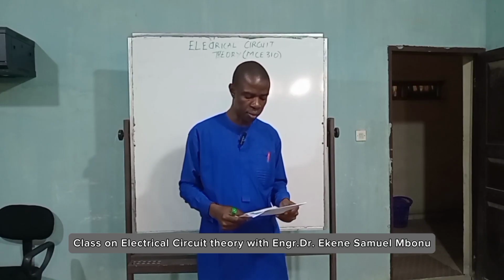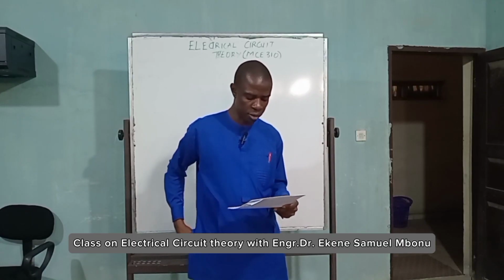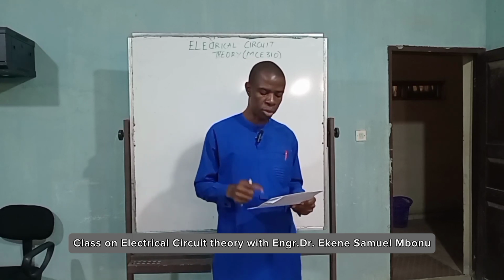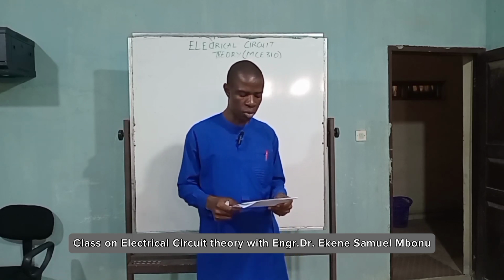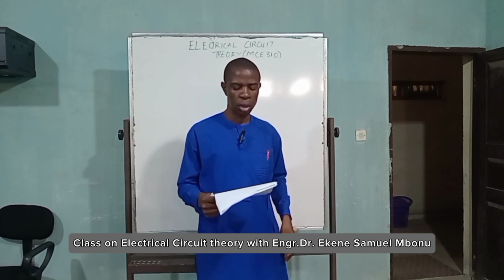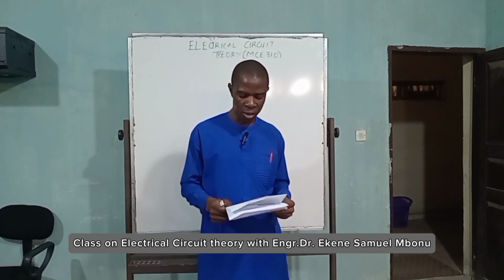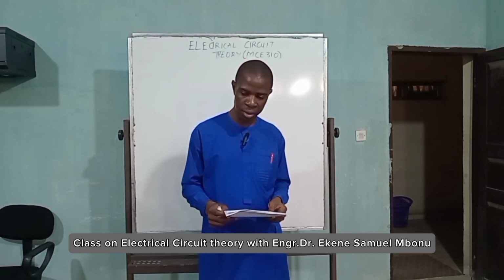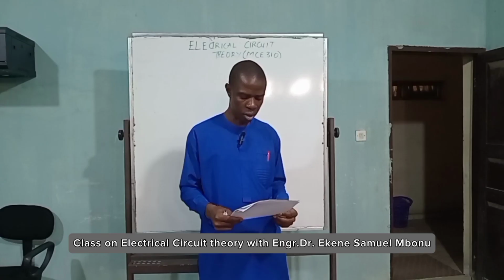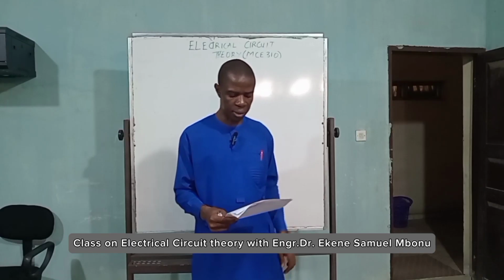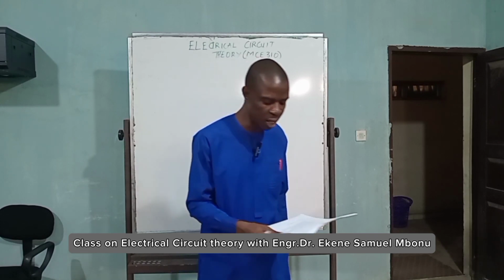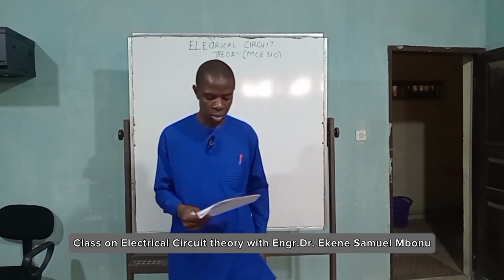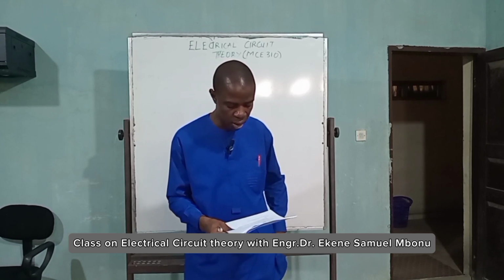Course objectives. After going through this course, the students should be able to, 1, develop an understanding of the fundamental laws and the elements of electric circuits. You'll be able to learn the energy properties of electric elements and the techniques to measure voltage and currents.